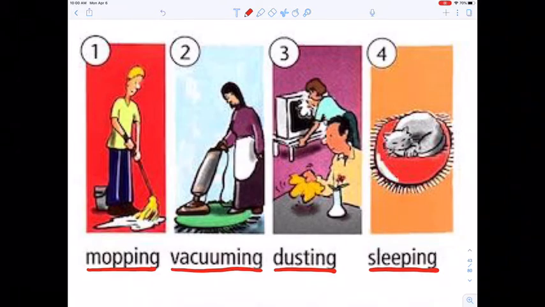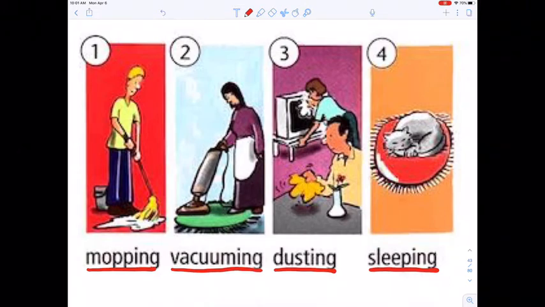They are dusting. Then we have picture number 4. I like this picture. What is the cat doing? She is sleeping. The cat is sleeping. So cute.